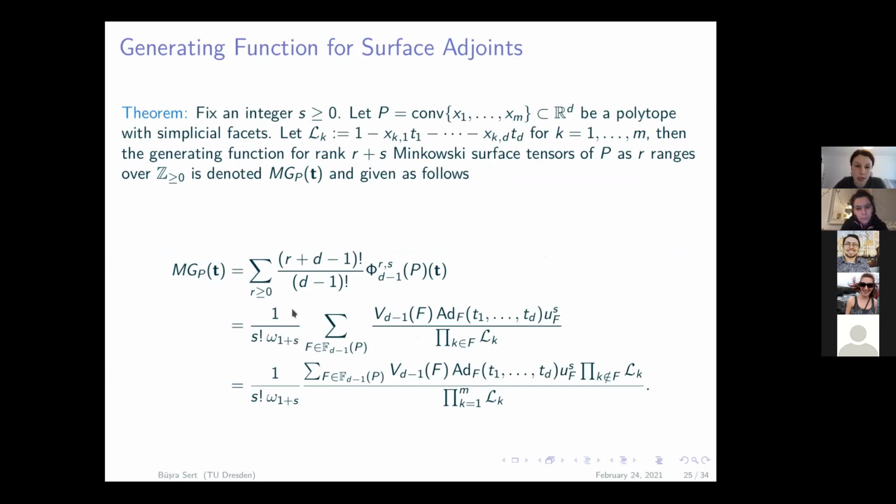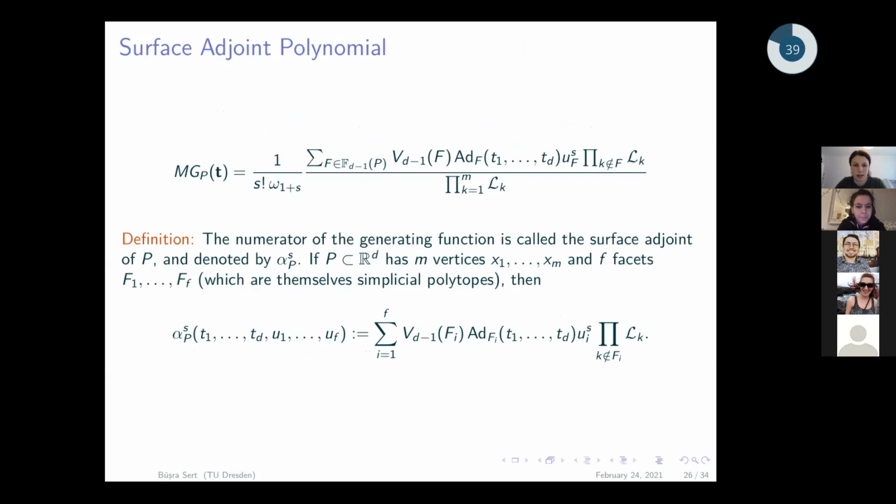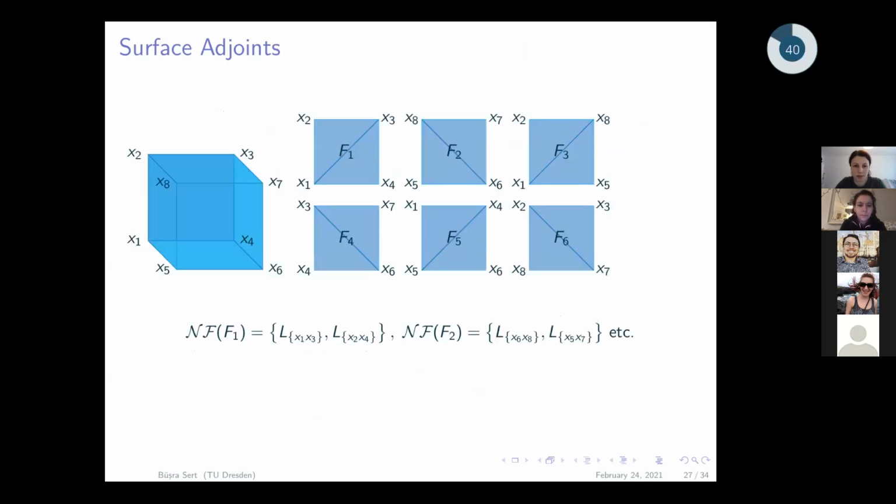As we only consider the facets, this generating function works for polytopes with simplicial facets. It's enough to have simplicial facets, because when facets are simplicial, we are again falling back to the case of volume tensors for those facets. Yes, so this is one of the important points.